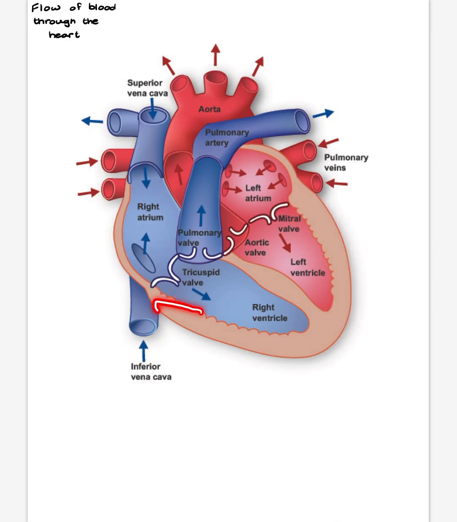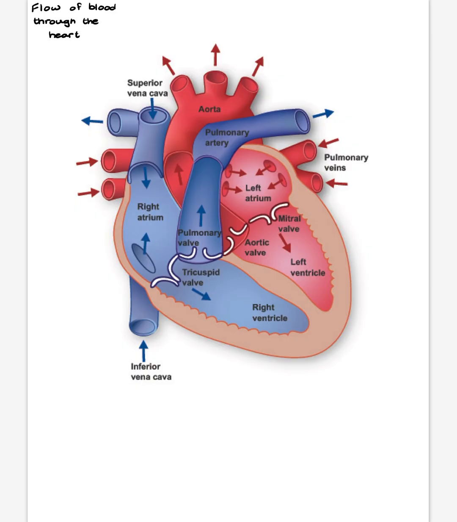This is because on the right side of the heart, there's less pressure to get to your lungs, and your lungs are a lot closer than having to perfuse your toe with blood. So if you notice a thicker wall on the left side, that is normal.